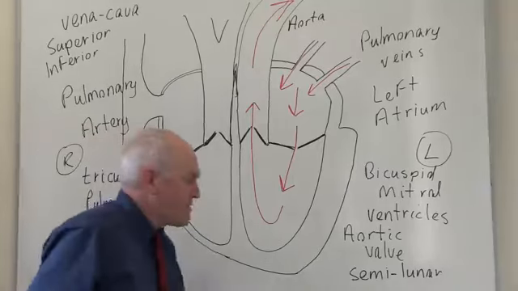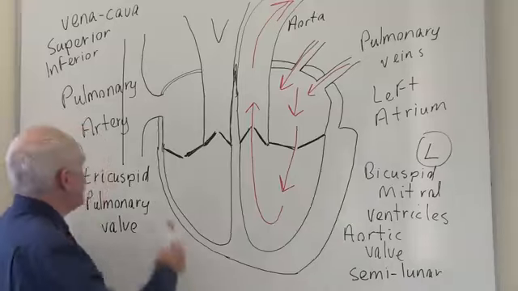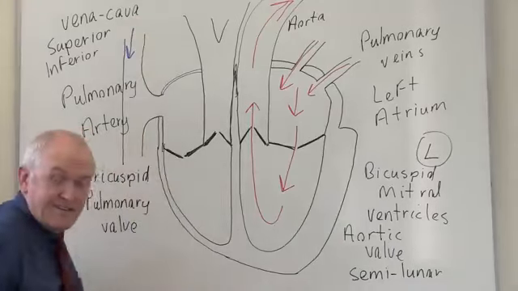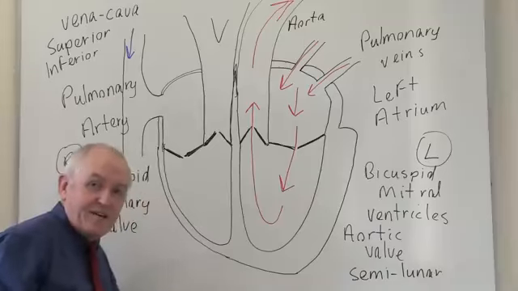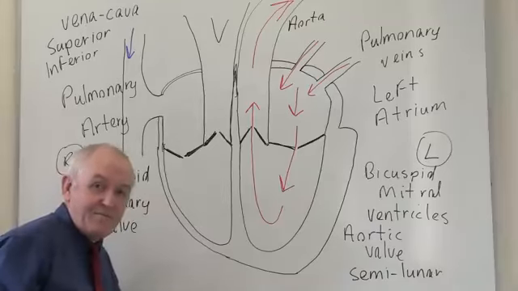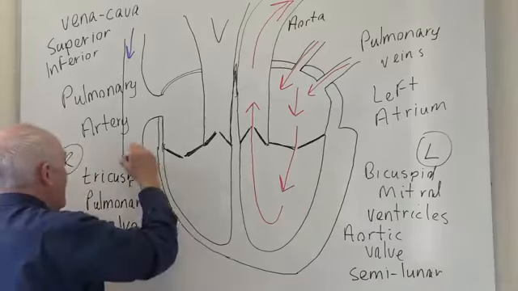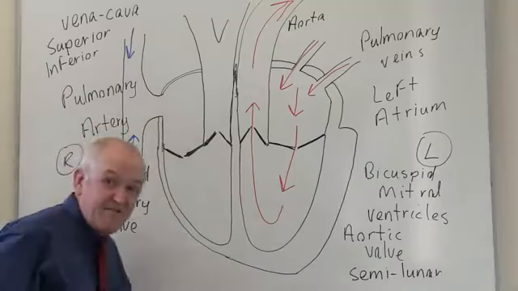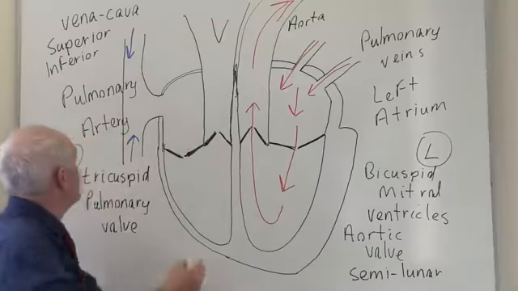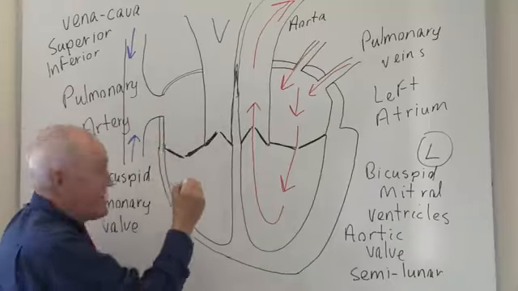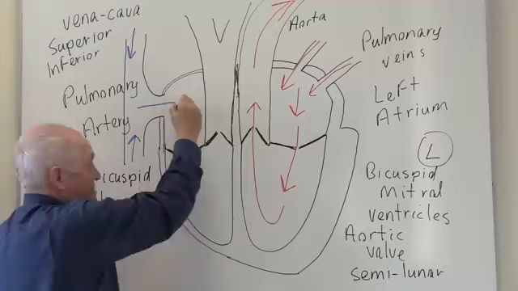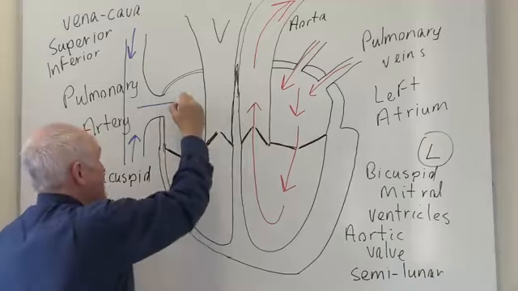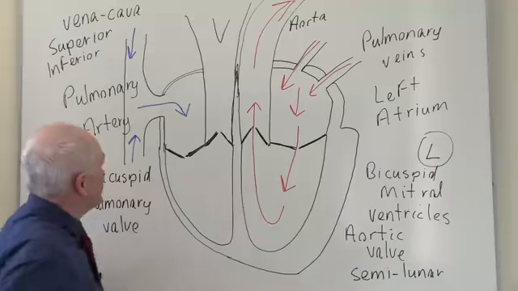So when it arrives back from the systemic venous circulation, from the top half of the body, it's going to arrive back via the superior vena cava. And from the bottom half of the body, it's going to arrive back via the inferior vena cava. And this partly deoxygenated blood, which traditionally in biology we draw as blue, even though it's not blue, it's still dark red, drains back into the right atrium.